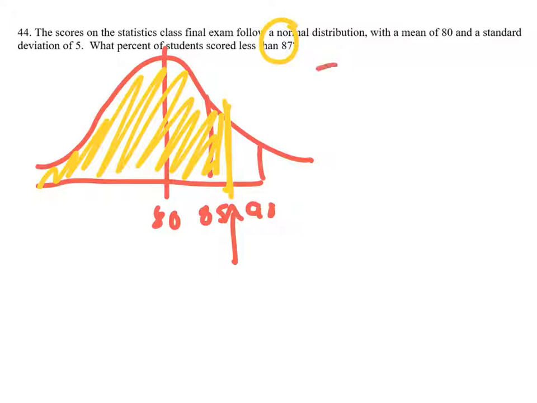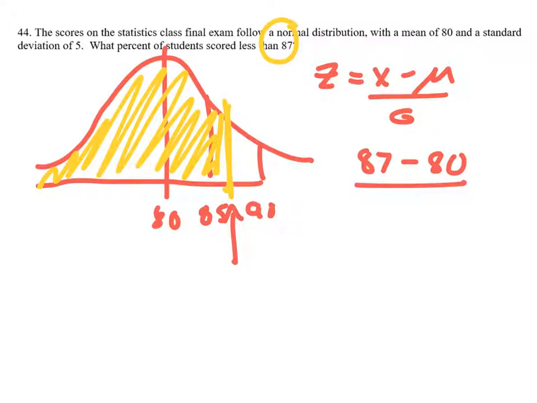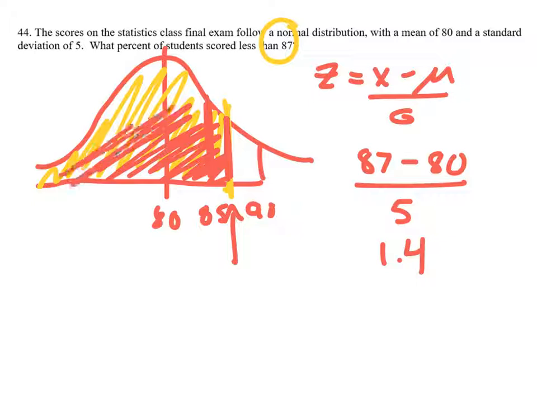So we have to use our little z formula. And it looks like this. All it says is take your number, subtract your mean to see how far away you are, and divide by your standard deviation. We get 7 divided by 5, which is 1.4. Now, that makes sense, right? If 1 is here at 85, then 87 is a bit more. Now we're going to ask our calculator to do this calculation.